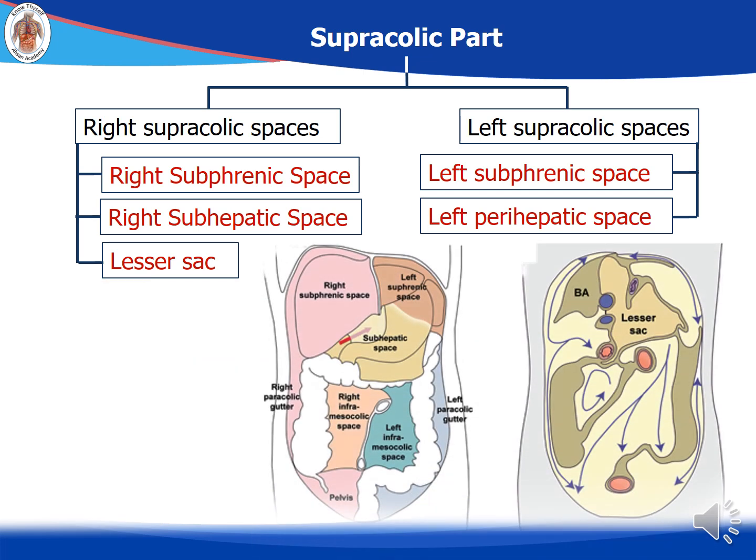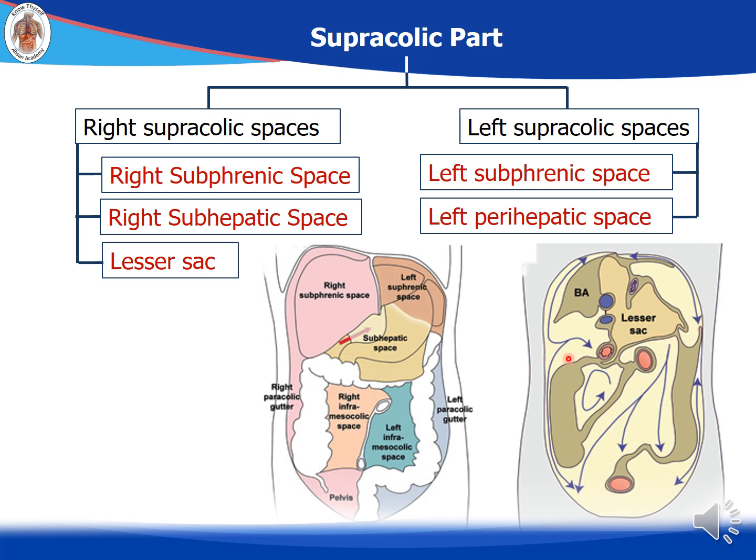Now you can see another diagram that shows on the right side the subphrenic space continuous with the subhepatic space. This is the left subphrenic continuous with the perihepatic space.